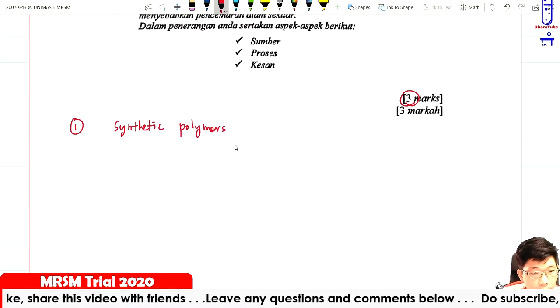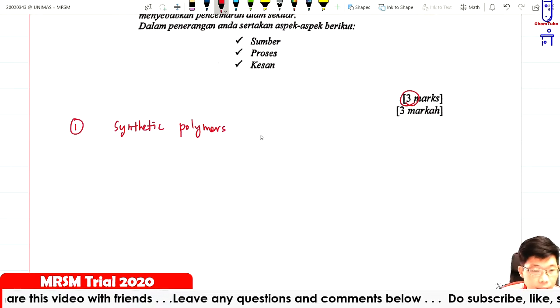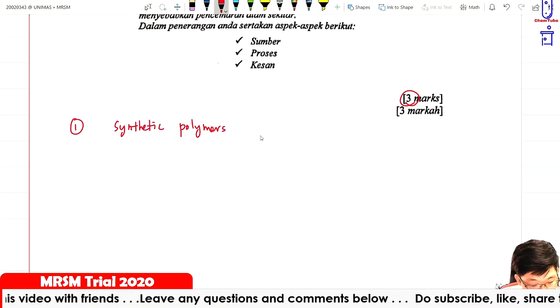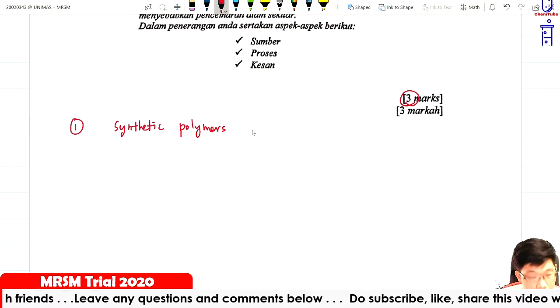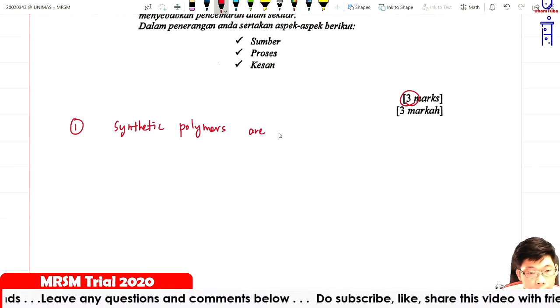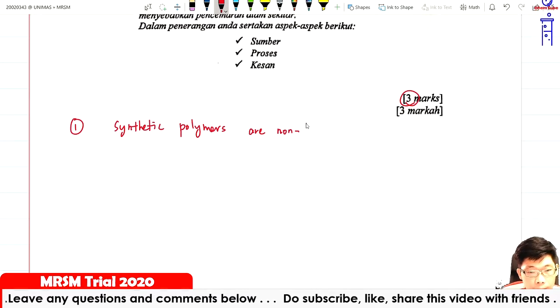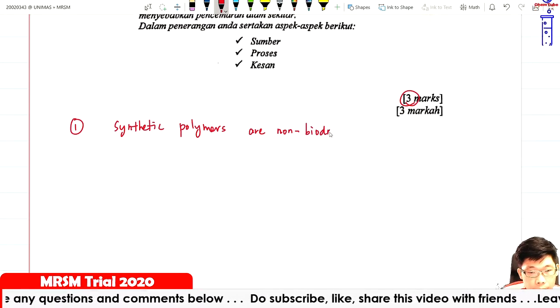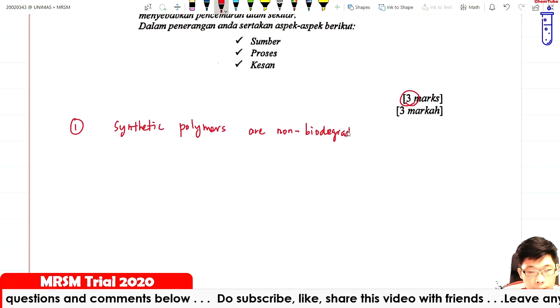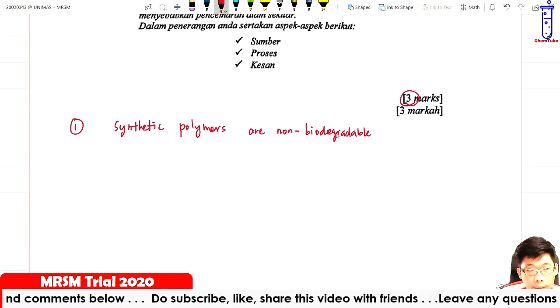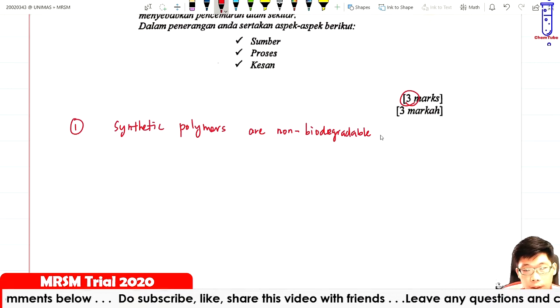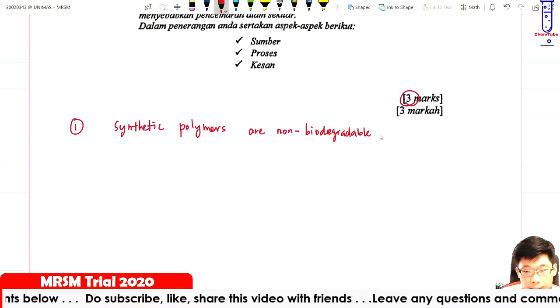Synthetic polymers, for example PVC, polystyrene, nylon, and so on, are non-biodegradable. Non-biodegradable means cannot decompose by bacteria.